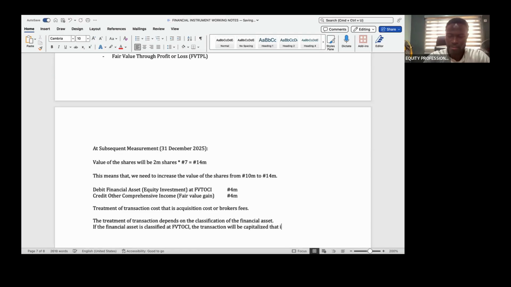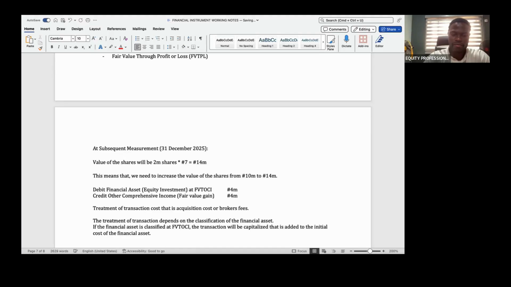That is, added to the initial cost of the financial assets.